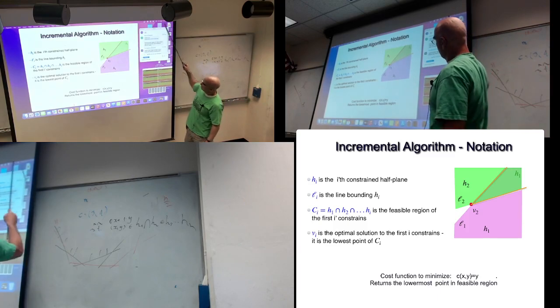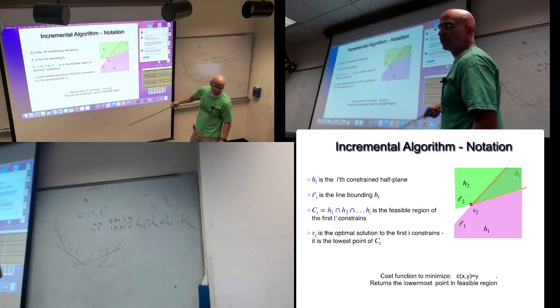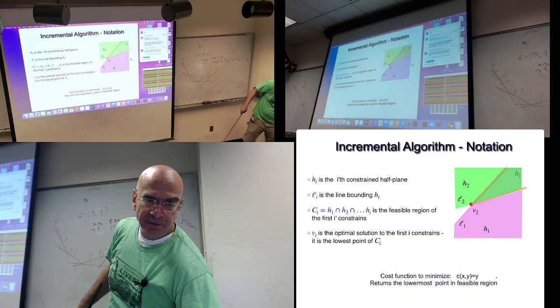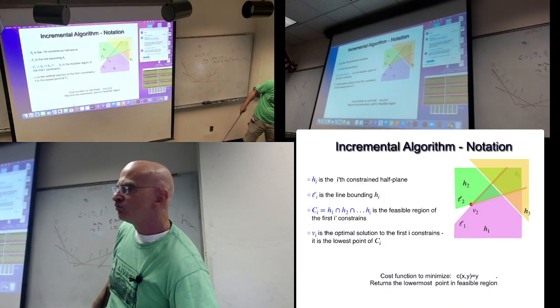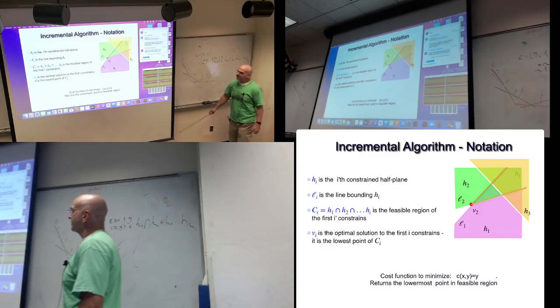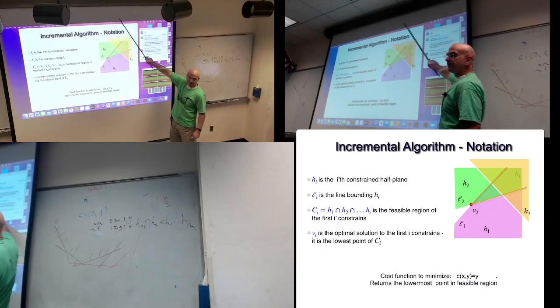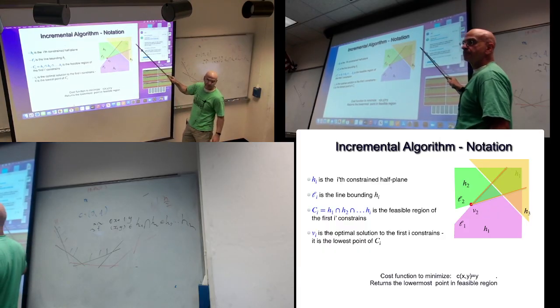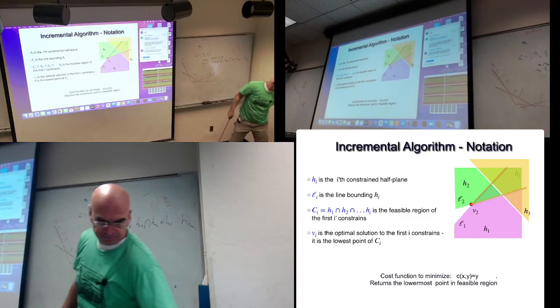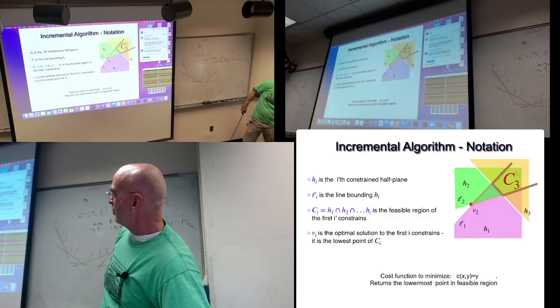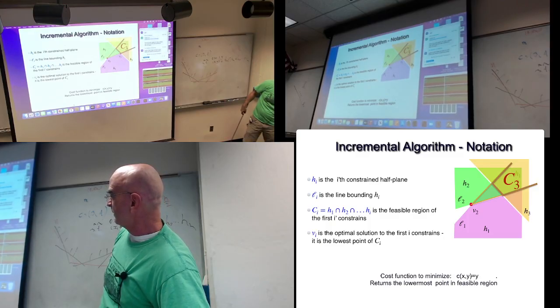C2 is this whole infinite wedge that goes over here, the intersection of these two half planes. And I'm about to add H3. What is C3 right now? C3 is this whole region, and V3 is just the lowermost vertex of this region.